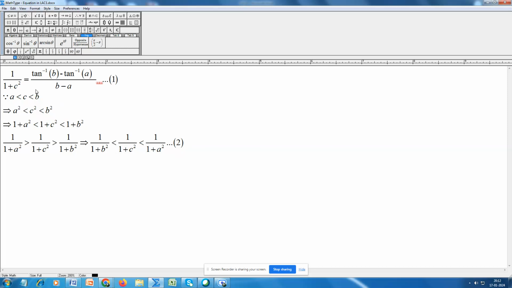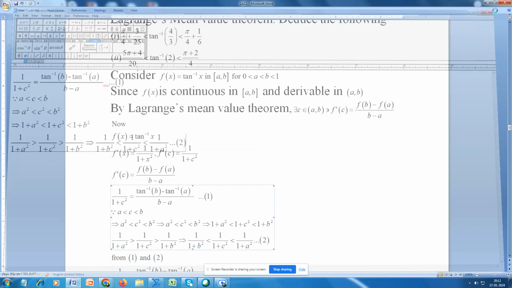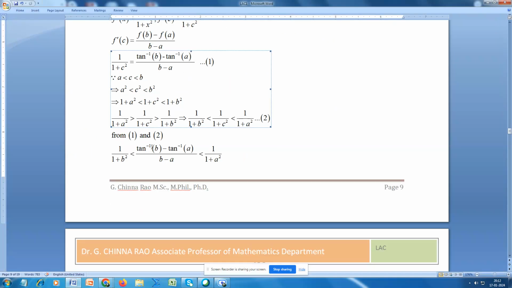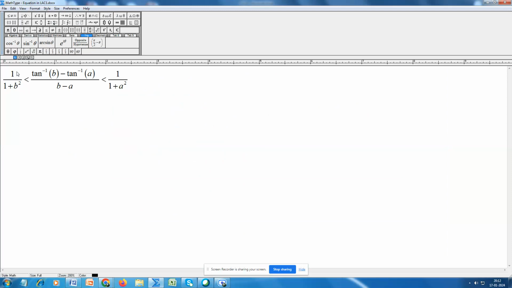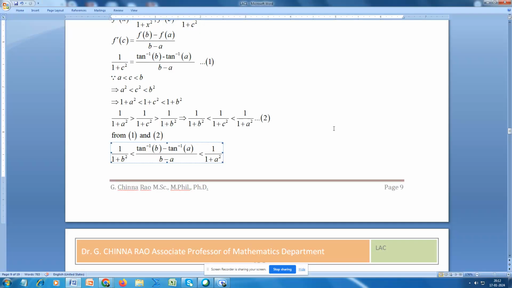From 1 and 2, we write 1/(1 + c²) as (tan⁻¹b − tan⁻¹a)/(b − a). You put 1 in 2. From 1 and 2, 1/(1 + b²) < (tan⁻¹b − tan⁻¹a)/(b − a) < 1/(1 + a²).